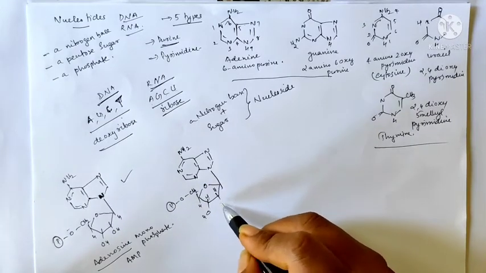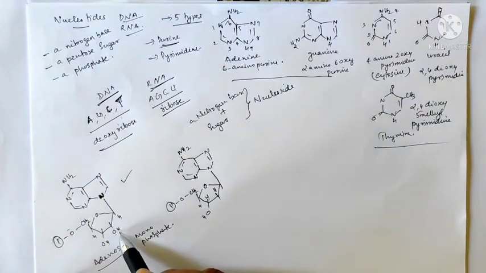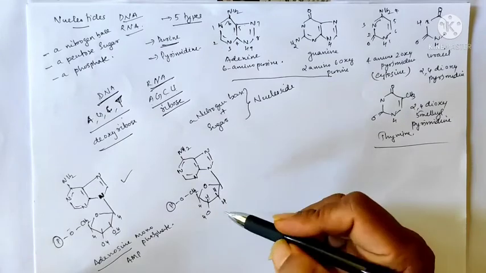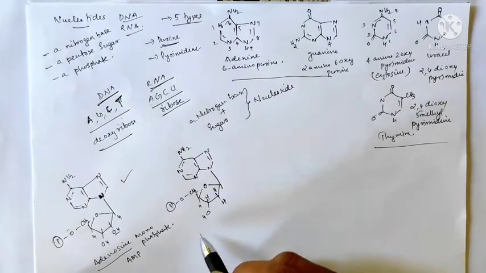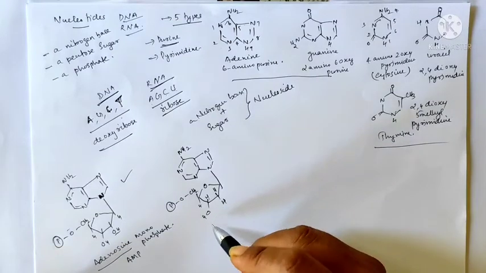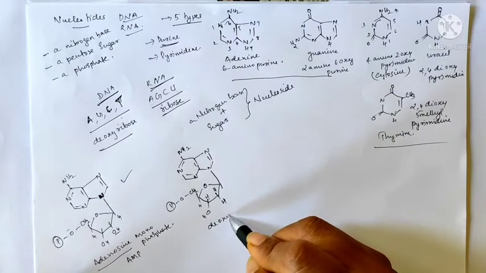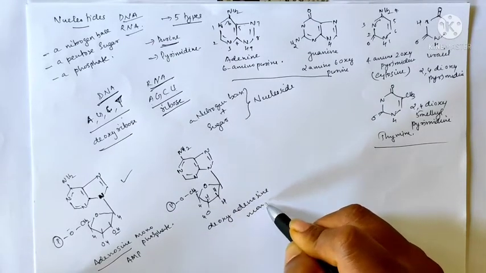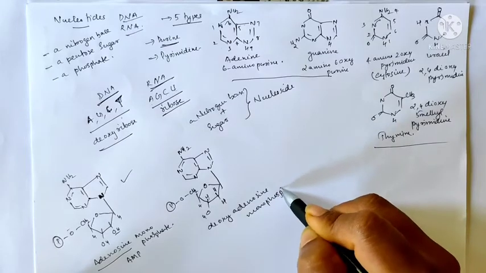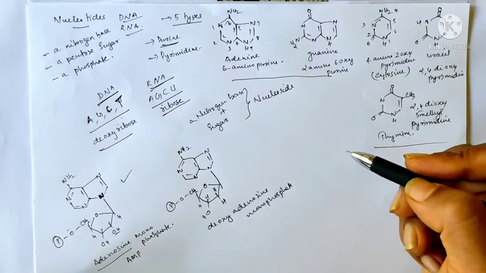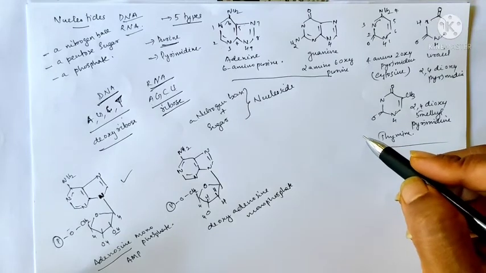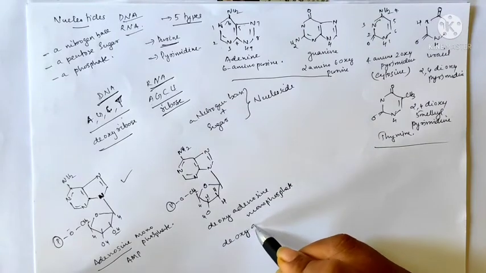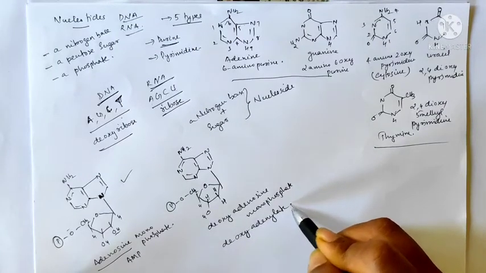In the second position, here instead of this OH, oxygen is eliminated to form deoxyribose. So deoxyadenosine monophosphate, deoxyadenosine 5-monophosphate, or deoxyadenylate.